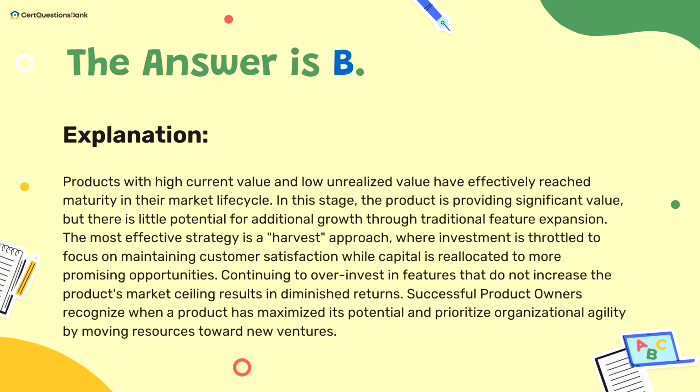The most effective strategy is a harvest approach, where investment is throttled to focus on maintaining customer satisfaction while capital is reallocated to more promising opportunities. Continuing to overinvest in features that do not increase the product's market ceiling results in diminished returns. Successful product owners recognize when a product has maximized its potential and prioritize organizational agility by moving resources toward new ventures.